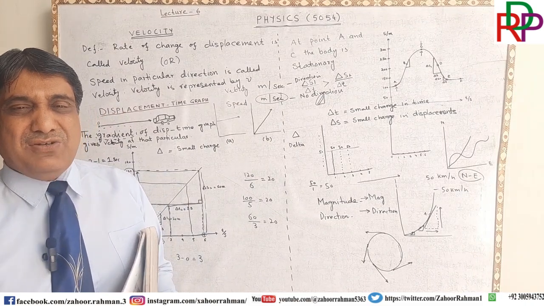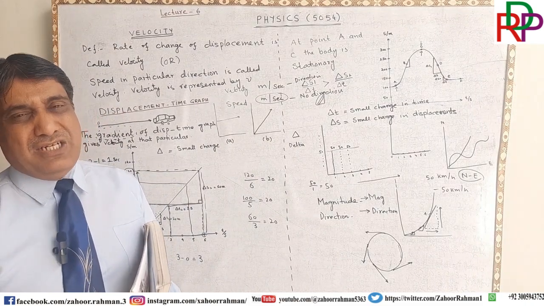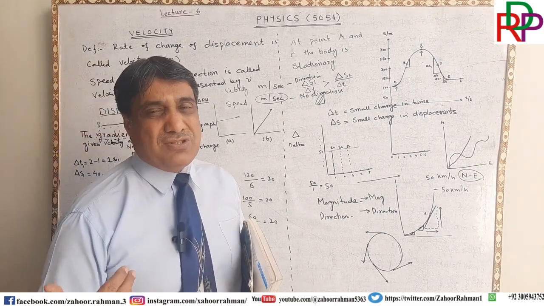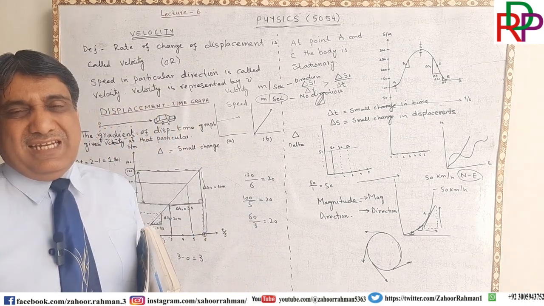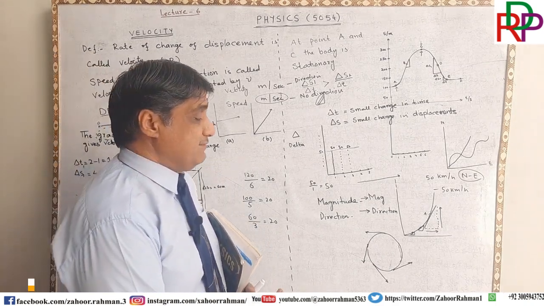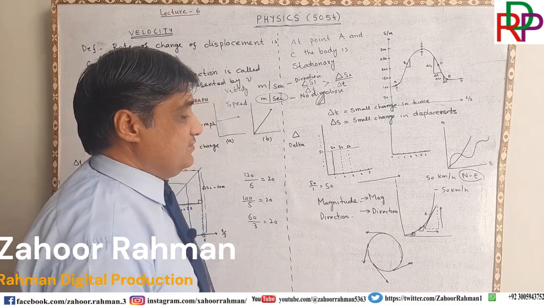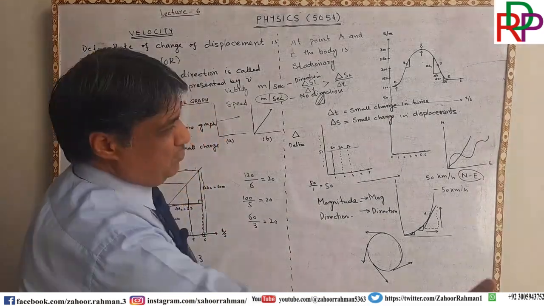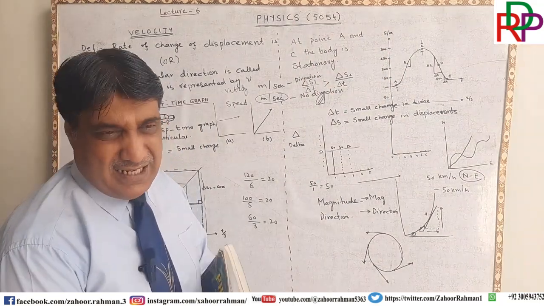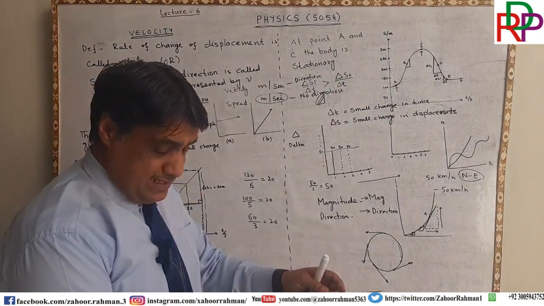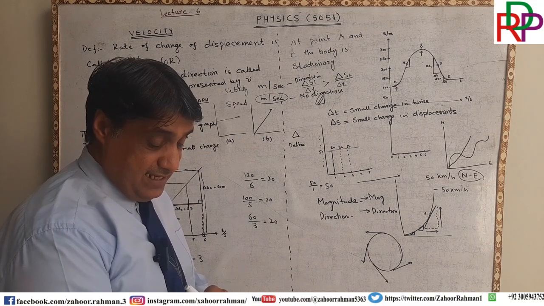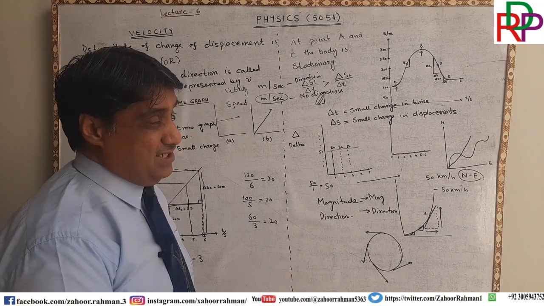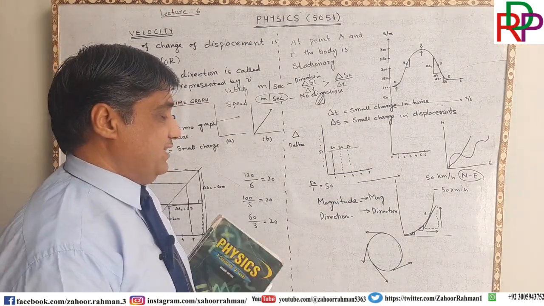Velocity has two things, magnitude and direction, and either one changing gives acceleration. But for the velocity to be constant, it must be in a specific direction.